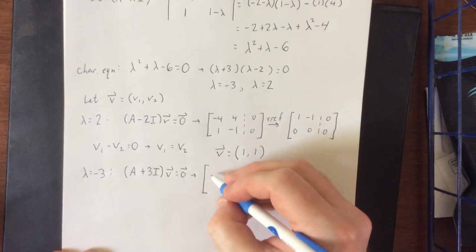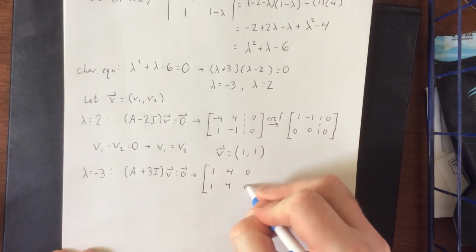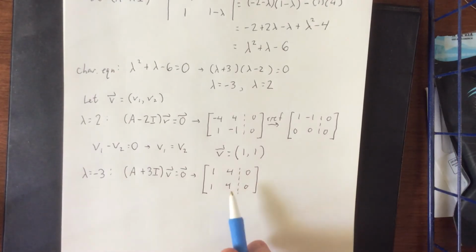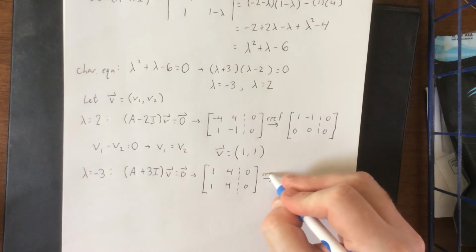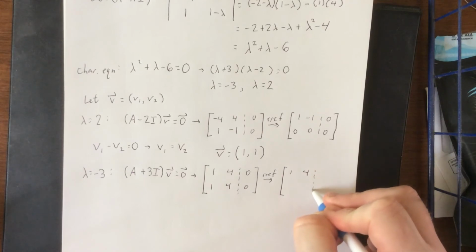That will turn this into 1, 4, 0, 1, 4, 0. Very obvious that we will wind up with a row of zeros by taking -1 times the first row, adding to the second row. And by an amazing coincidence, that is going to wind up being reduced row echelon form.